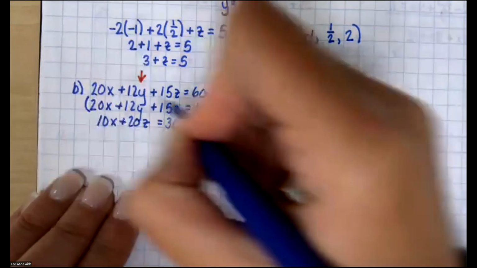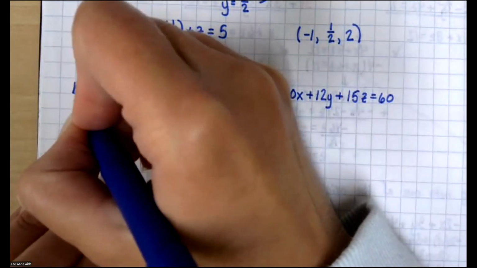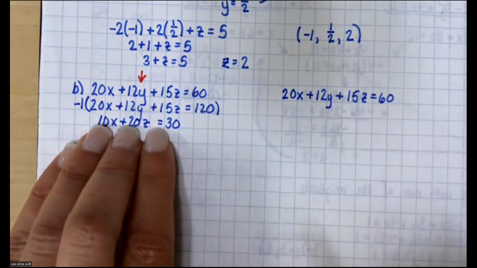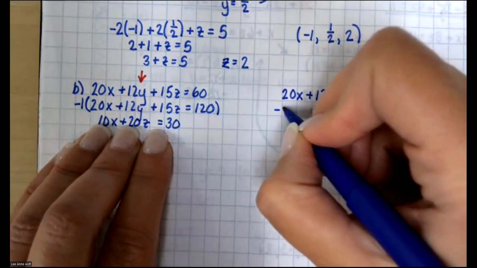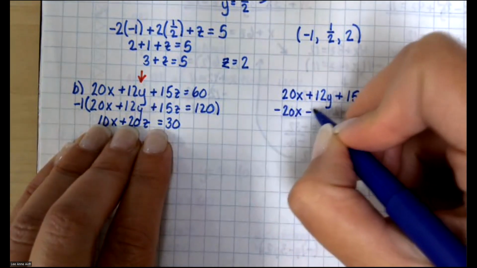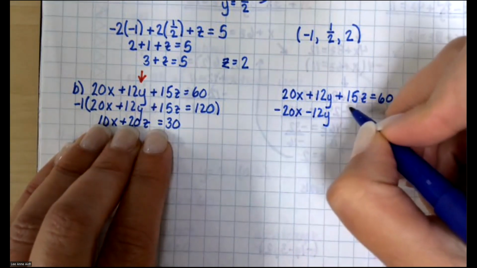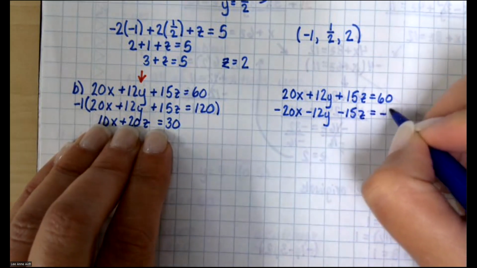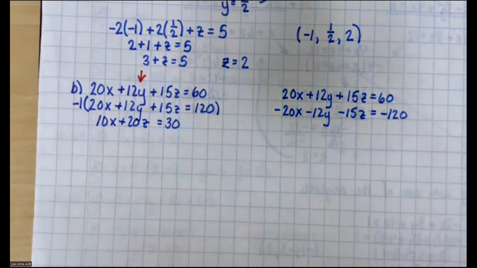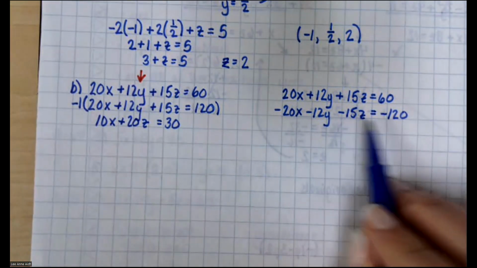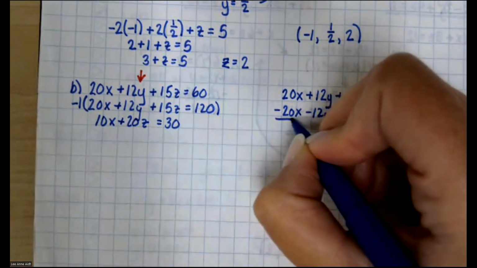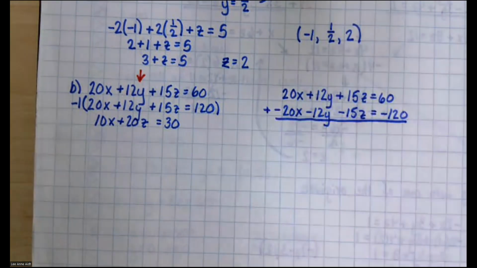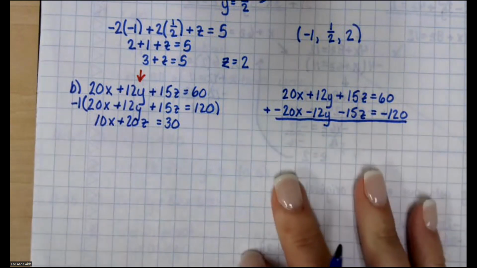Okay, I'm going to multiply this bottom equation by -1 because I want a positive 12y and a negative 12y. Negative, negative, negative, negative. This is supposed to be weird.